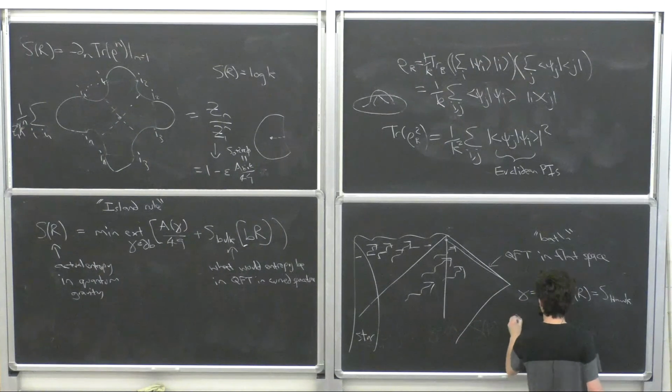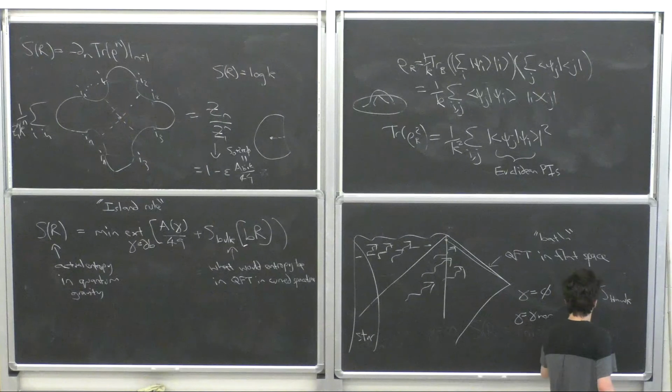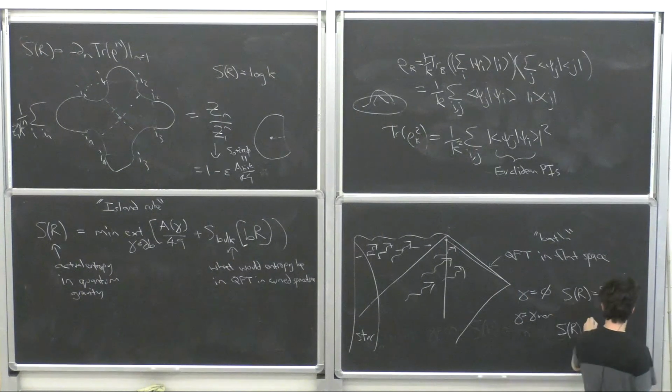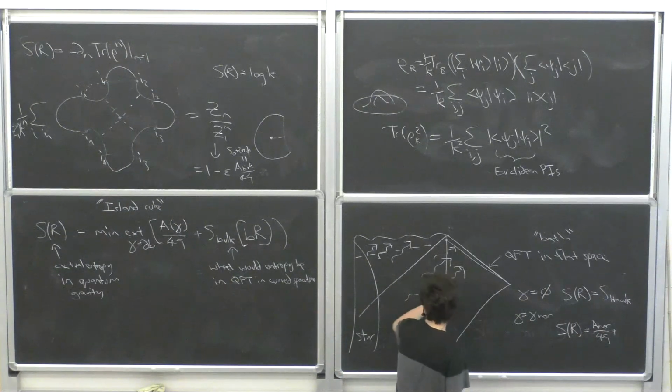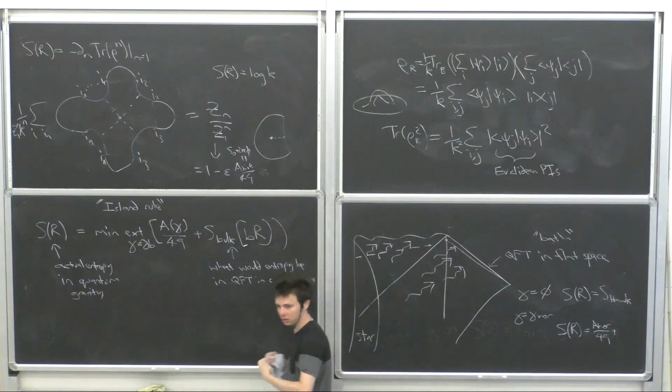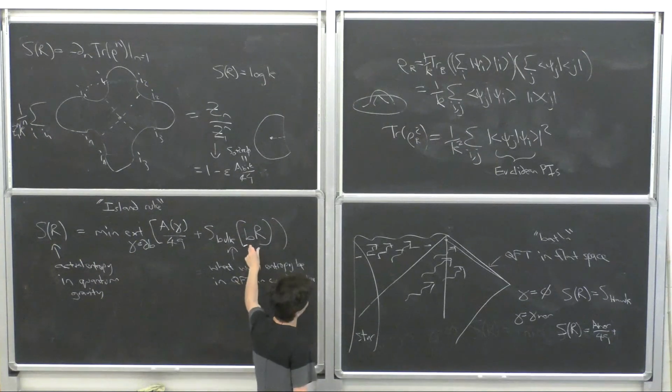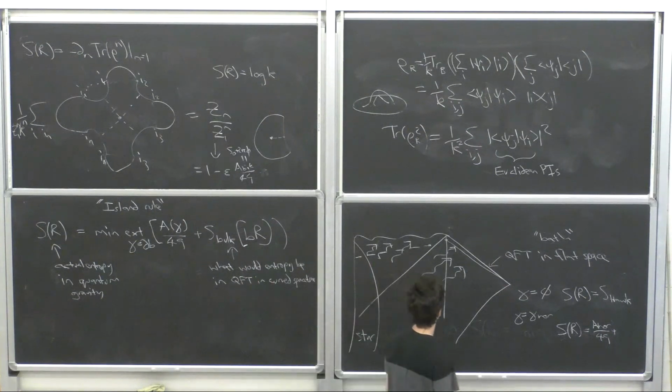So let's call this gamma equals gamma horizon. That would give an answer for the entropy of the radiation that roughly gives A_horizon over 4G plus S_bulk of all this radiation plus all this stuff in the island that also goes through the branch cut. And so what is the entropy of all that stuff?